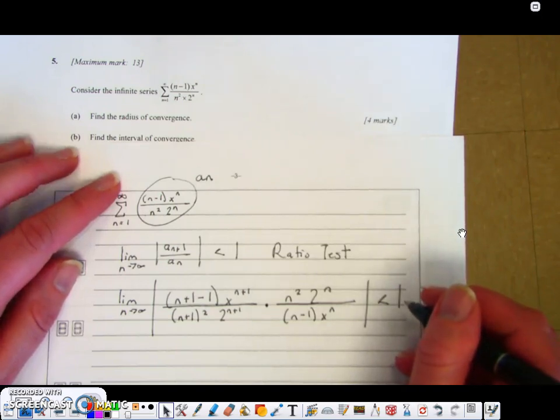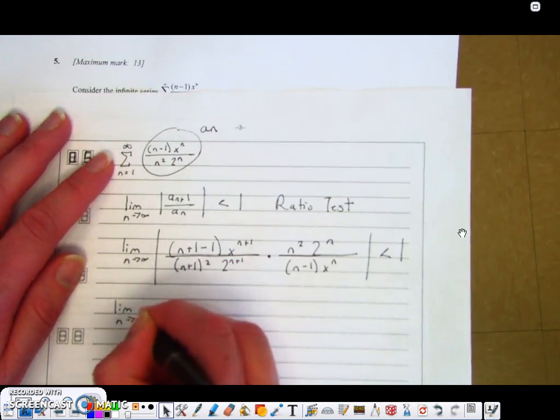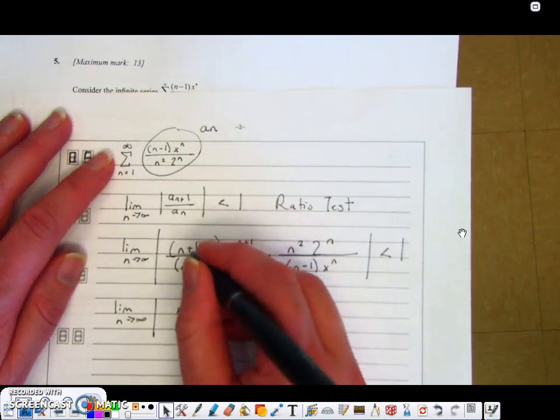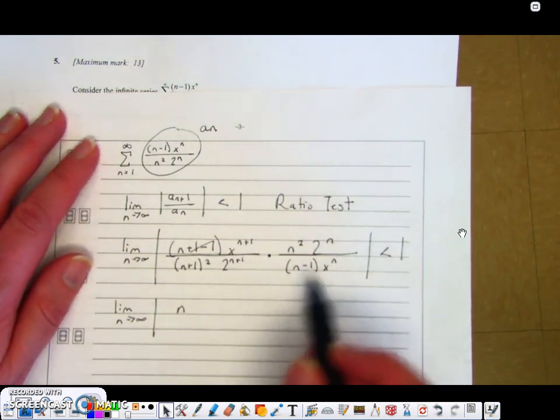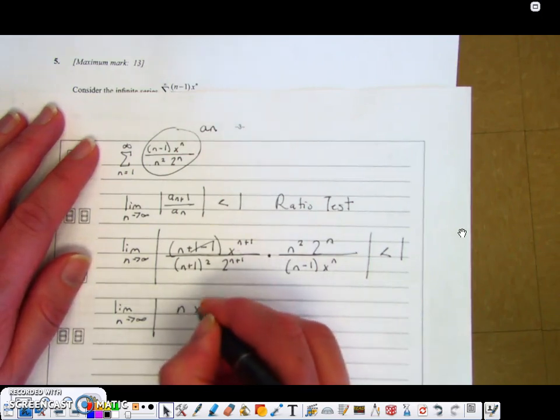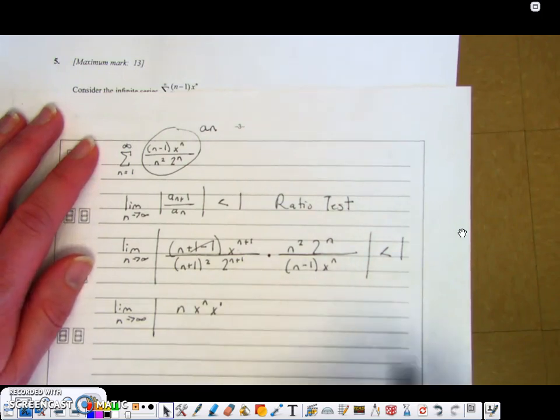At this point, there's some reducing that can be done, so let's look at the things we can break down. This is obviously just n plus 1 minus 1, which is n. We have x to the n plus 1 and x to the n, so let's change this to x to the n times x to the 1. That way we'll be able to cancel in a minute.